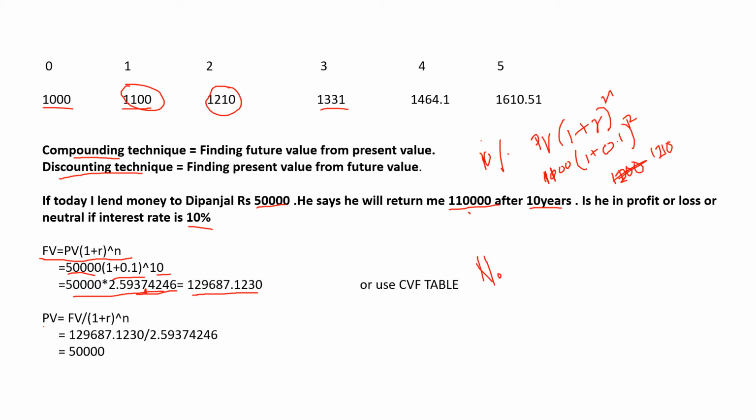So I have taken the future amount divided by 2.5937426. What's the answer? 50,000. See, the amount I lent, I found with the future value. So these are some questions which you should know how to solve, which might come in your exams.